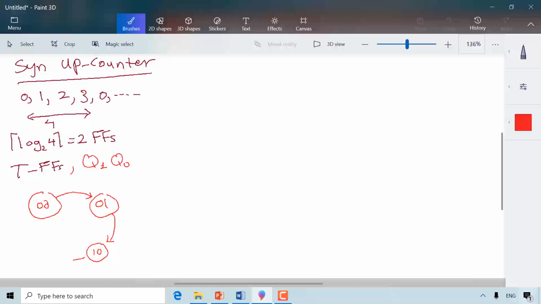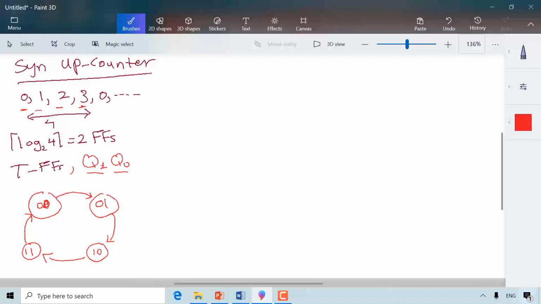And then when a clock comes in, we go to 1, 1, which represents 3. And then we go back to 0. So this is exactly the sequence we are doing. Again, these two bits are the values of Q1 and Q0.